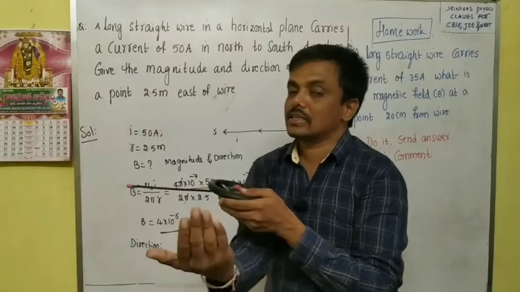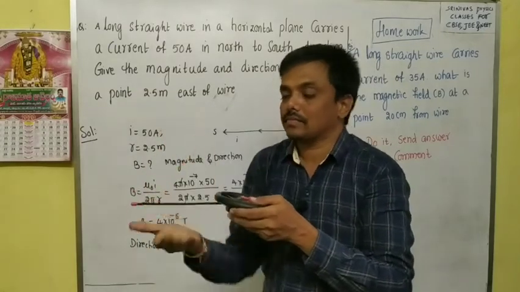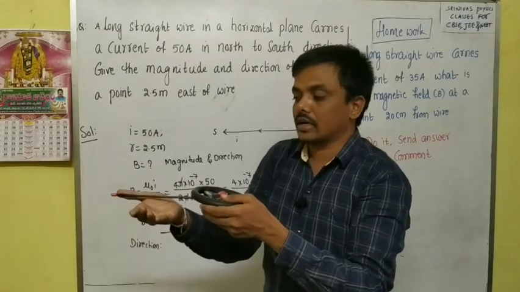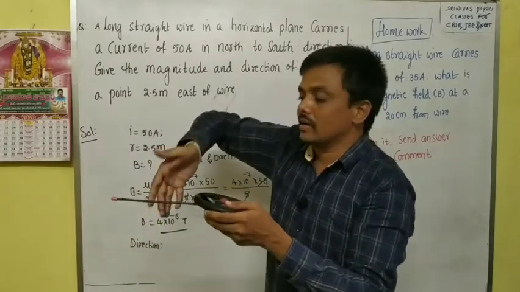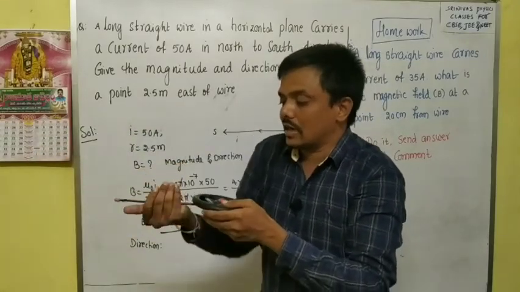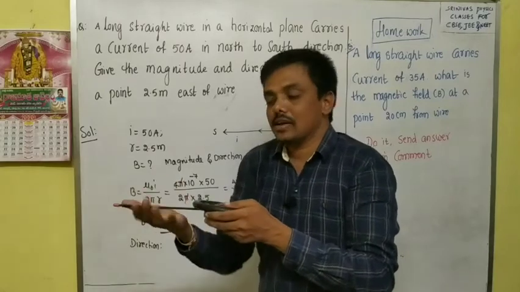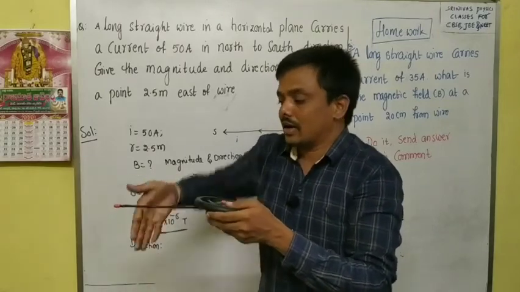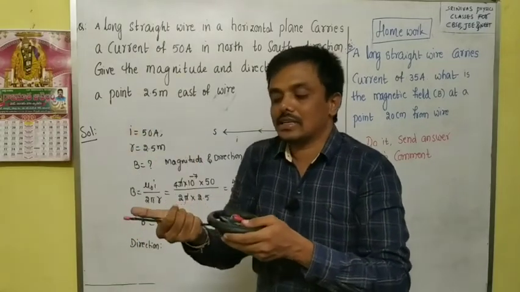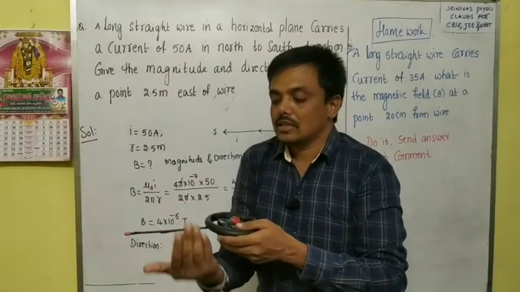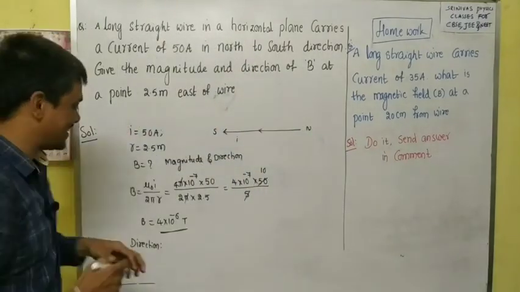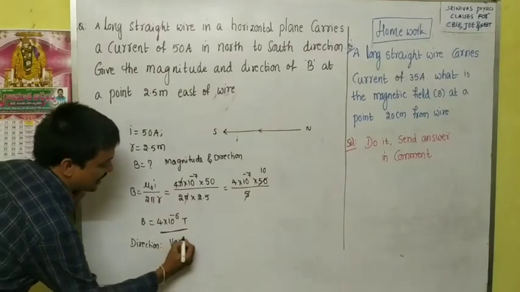The current is on the right side, the south side, and the field is like a circle, but the field on this side is upward and on this side downward; the fingers entering here and coming out on this side. That means this side the field is upward. On the east side the field direction is vertically upward.